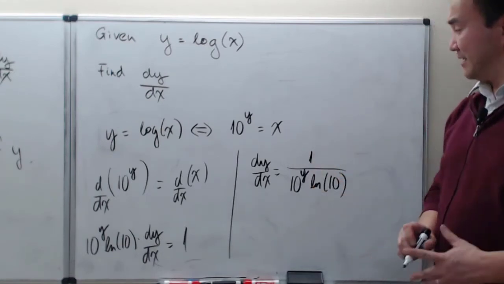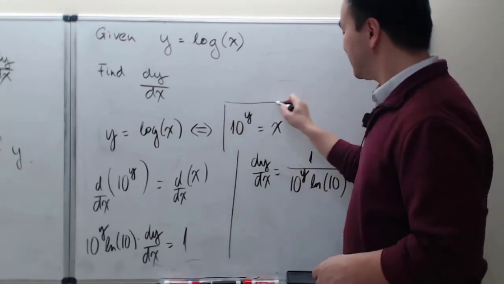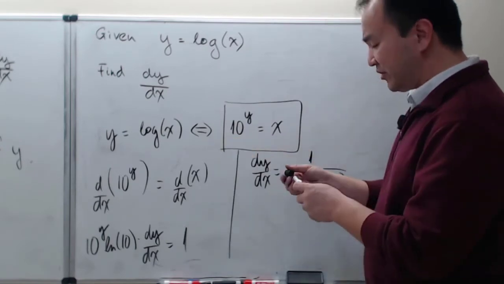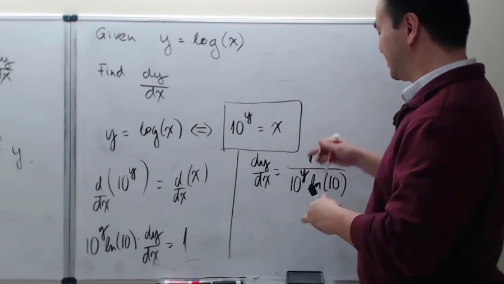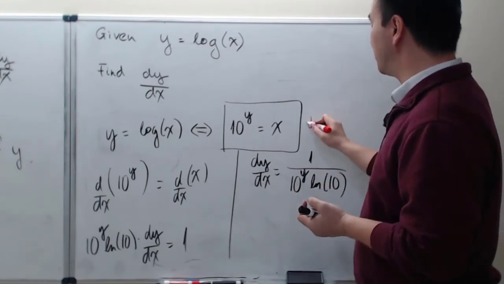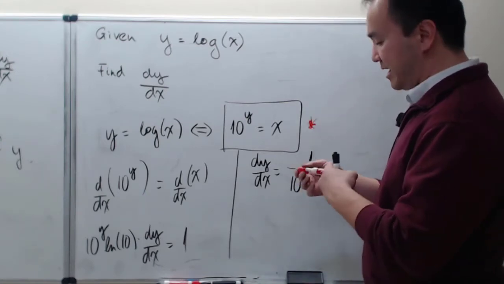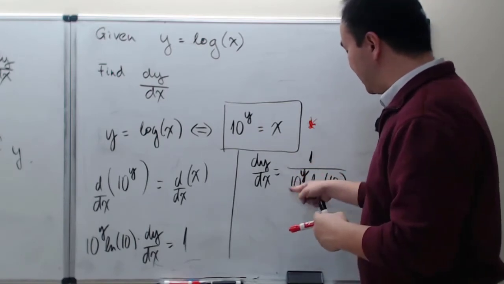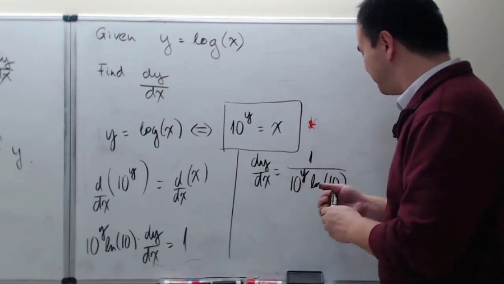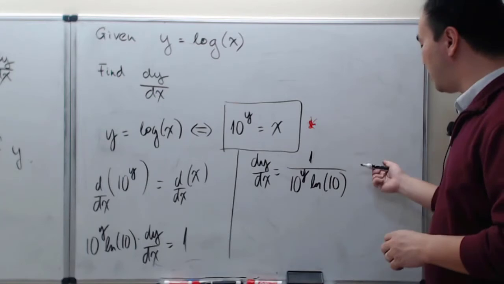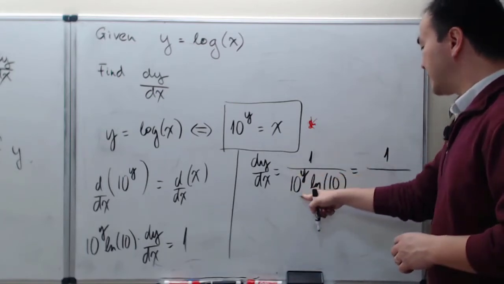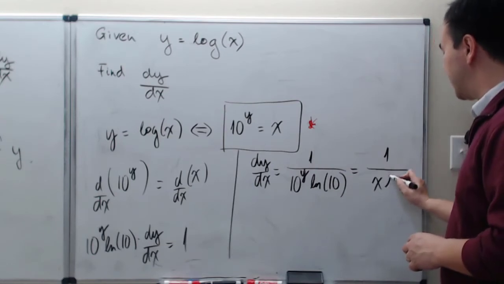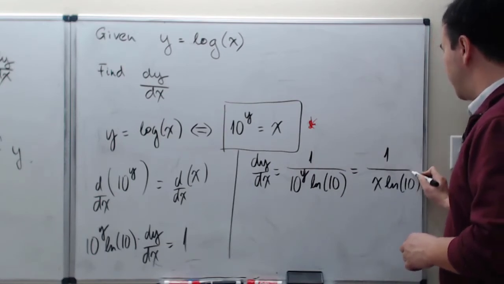And now again, recall from this relationship right here, 10^y equals x. So right there, we can actually go one step further because we already knew what 10^y is. 10^y indeed equals x. So now this overall expression becomes 1 over, so all that 10^y now is x, times natural log of 10.